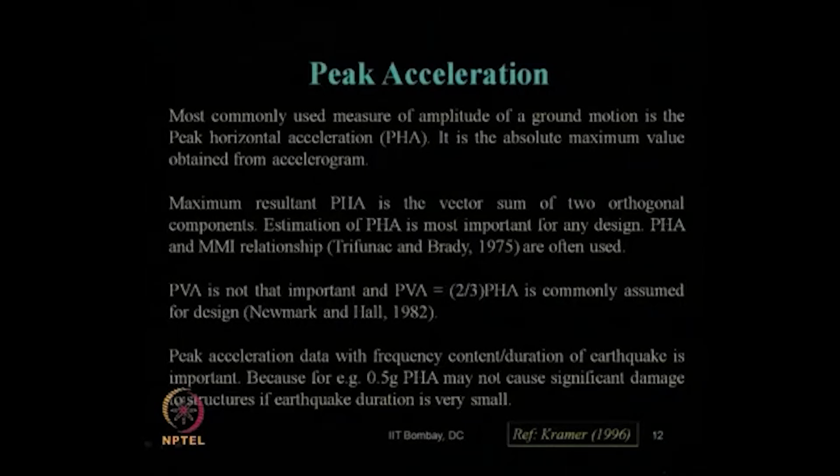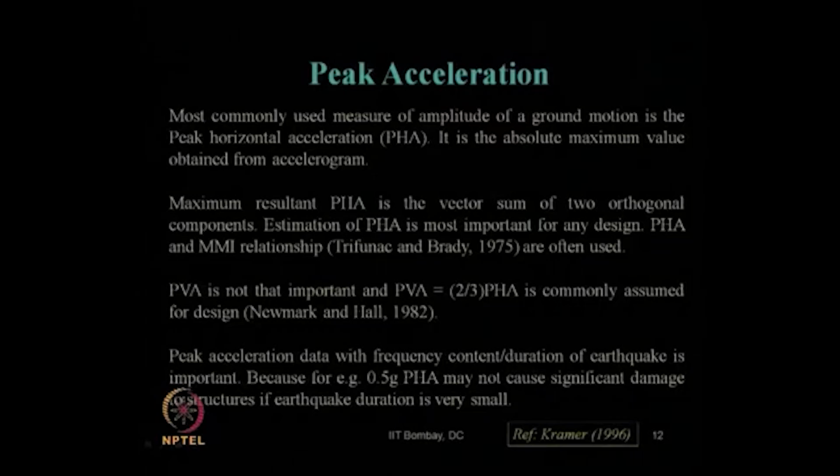Now let us discuss in detail the various amplitude parameters, like peak acceleration. The most commonly used measure of amplitude of a ground motion is the peak horizontal acceleration. Vertical is also important, but horizontal is most important, that is PHA. It is the absolute maximum value obtained directly from the accelerogram. Whatever absolute maximum you record is nothing but our PHA or PGA.